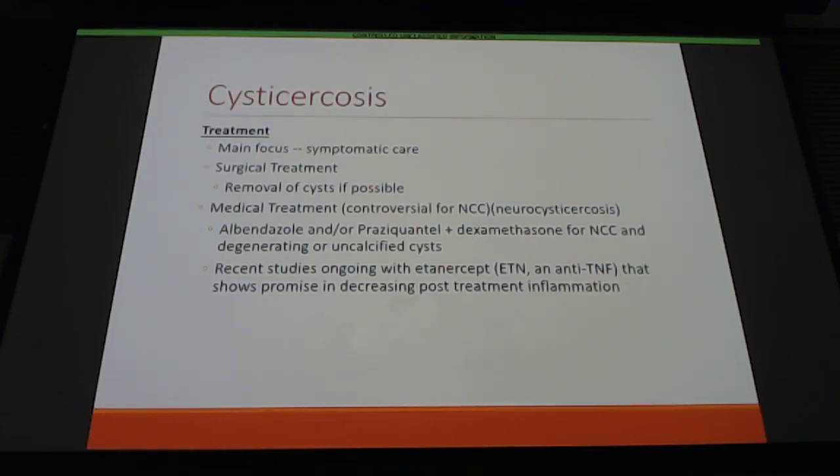Those are rarer cases, but again, the ID specialists will probably be making those calls. But if you are going to treat, the treatment will be albendazole and dexamethasone for neurocysticercosis. The big thing is to make sure that you treat symptomatically, because you are going to have increased intracranial pressure due to all the inflammatory processes and toxin releases.